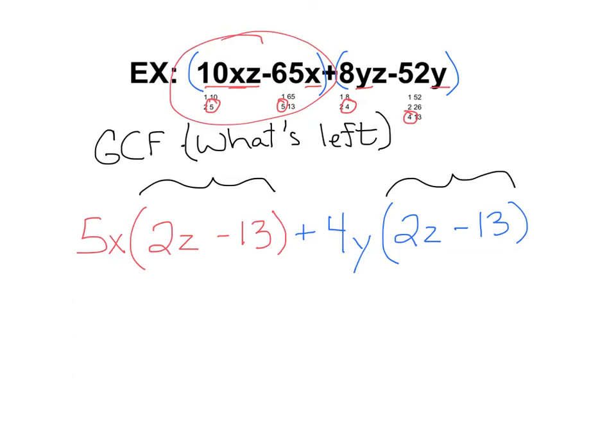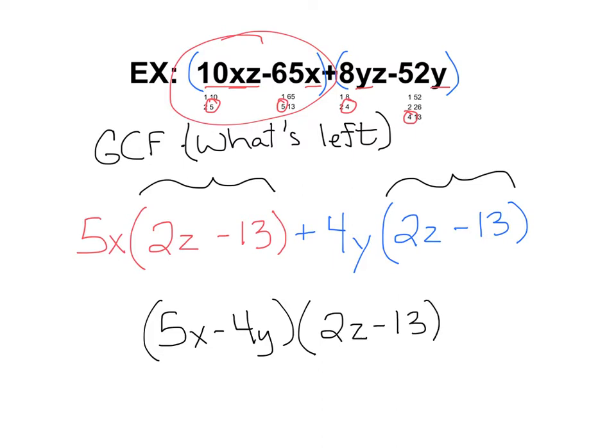So once again, I'll finish my factor by grouping by pulling out my two coefficients, 5x minus 4y, and multiply them by the remaining factor, 2z minus 13.